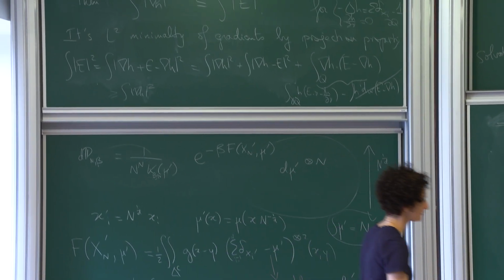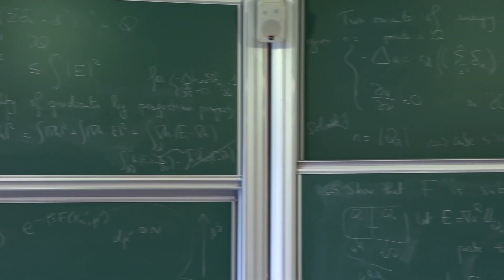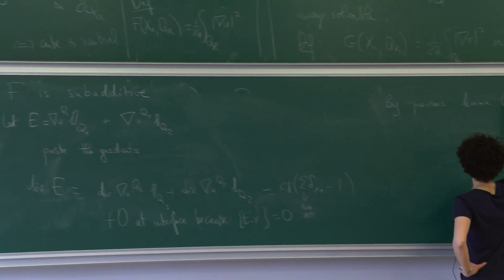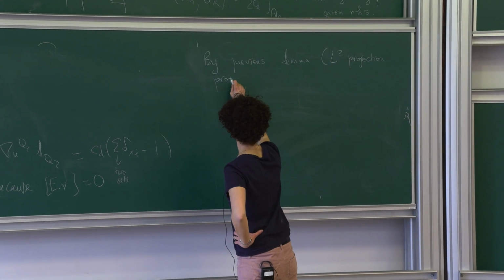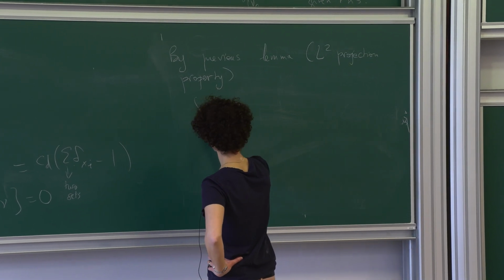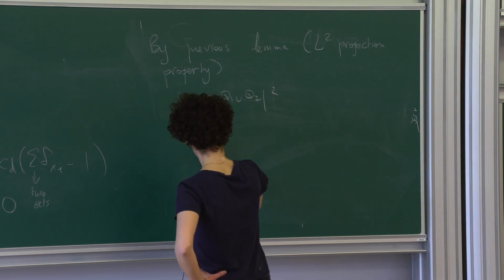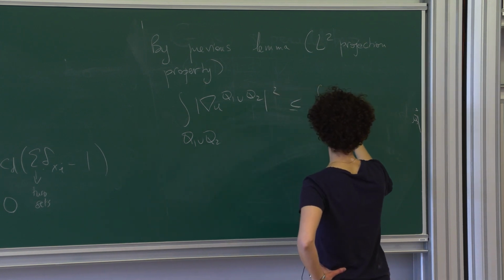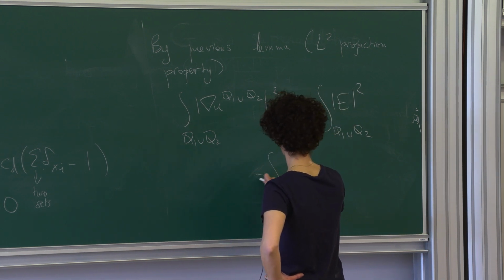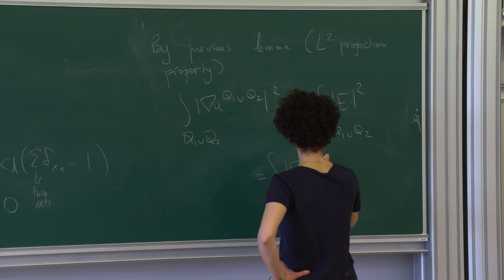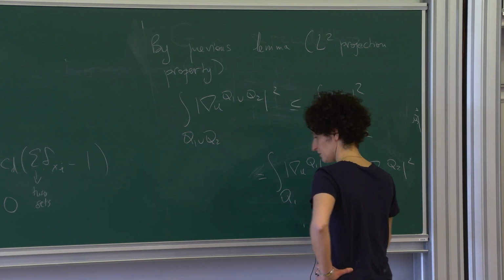So by this previous lemma, the L2 projection property, the integral of grad u Q1 union Q2 squared is less than the integral of E squared, and that's equal by definition to the sum of my two original energies.